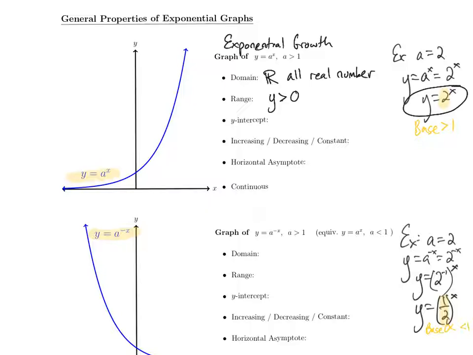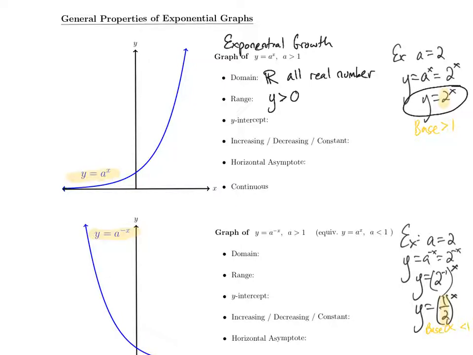If I plug in a negative, then I'll get a fraction like 1/2, 1/4, something like that. If I plug in 0, I get a 1. If I plug in a positive, I get a positive number bigger than 2. So regardless of what I'm plugging in here, we're going to end up with a positive number, and I'm never going to get a 0. And you can also see this visually.